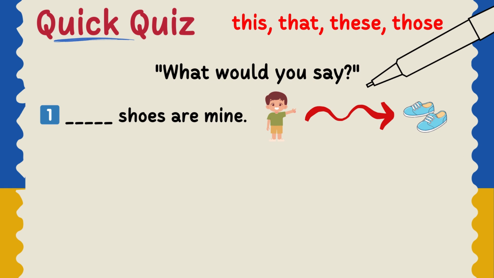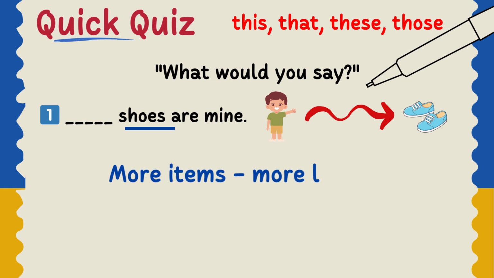Starting with question 1. Something shoes are mine. So the first thing that you need to look at in the sentence is, are they talking about one item or more than one item? Shoes. It may be a pair of shoes or a dozen pairs of shoes. But what's the rule if it's more than one? The more items, the more letters.